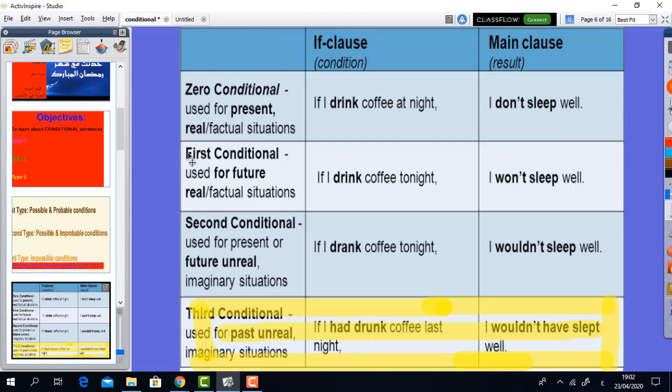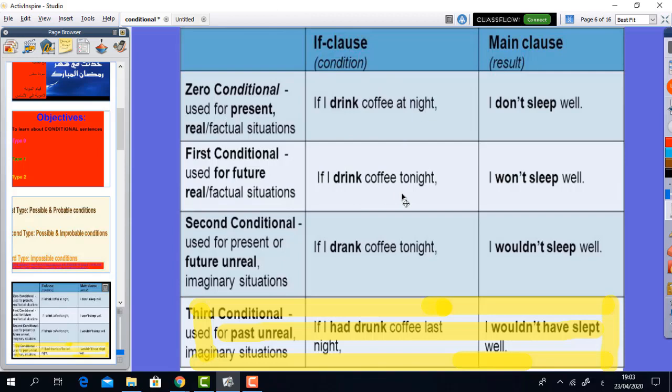Let's go to conditional type 1. It is used for future, also present, real situations, but it is not the same certainty. There is a possibility that the result doesn't happen even if the condition occurs.